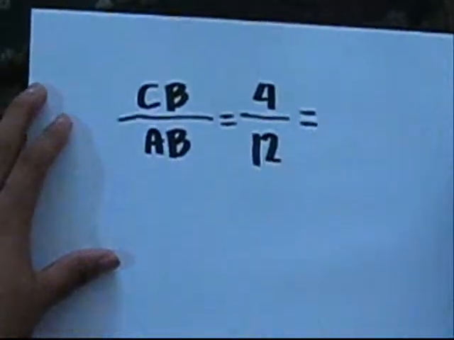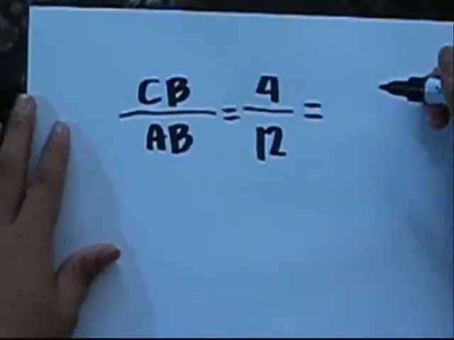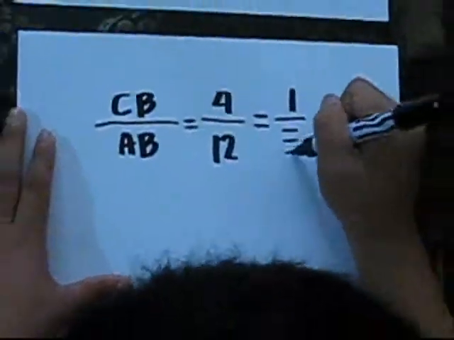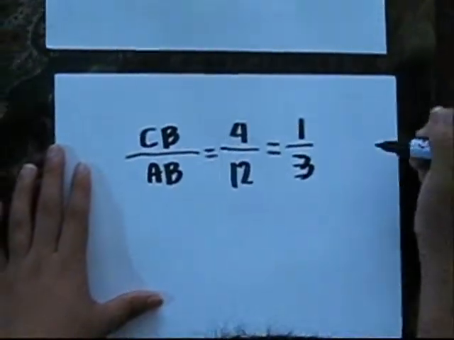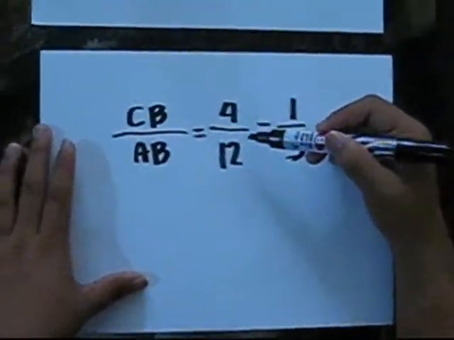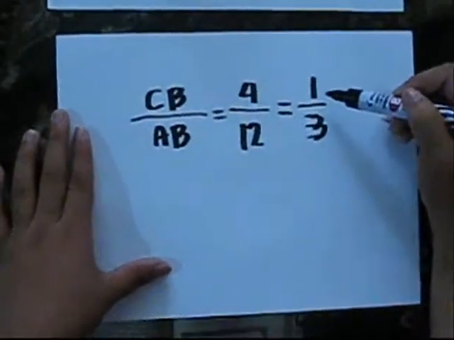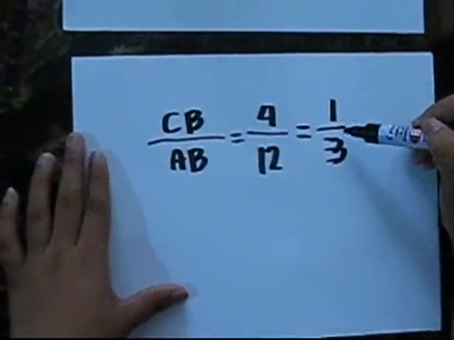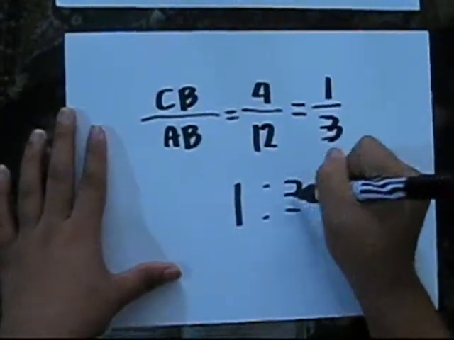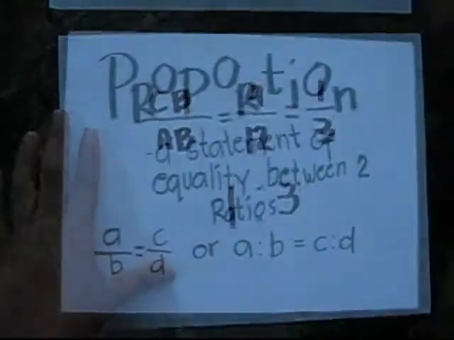In answering this one, we must reduce it to its lowest terms, which is 1 is to 3. Notice that the ratio 4 over 12 was written as a fraction in lowest terms. The ratio 1 is to 3 can also be written as 1:3 with the use of a colon.